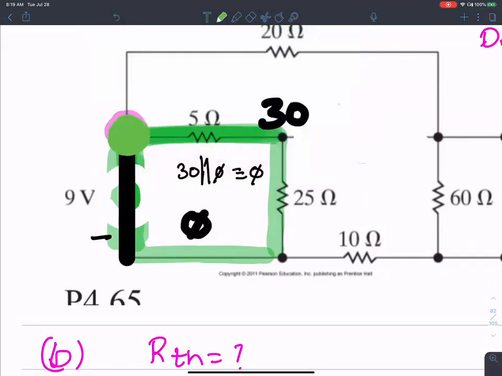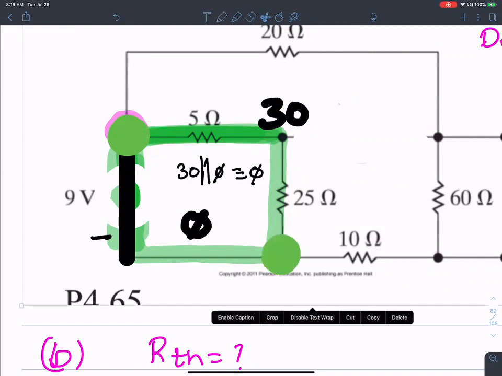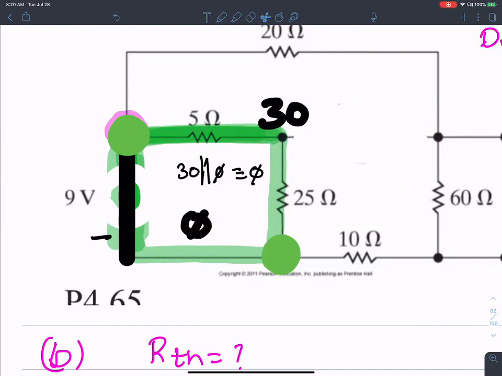That's where they're splitting into the right branch and the bottom branch, right? And look at where they're meeting. They're meeting back at the same point. Does that make sense? Do you see what I'm saying? So there are two paths.